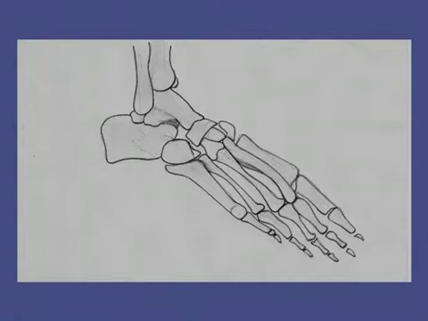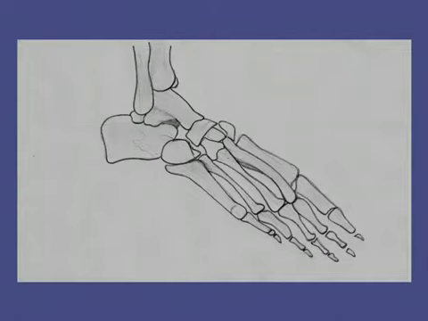The foot has a total of 3 arches: 2 longitudinal arches, that is the medial and lateral longitudinal arch, and 1 transverse arch. Among these, the medial longitudinal arch is the largest.